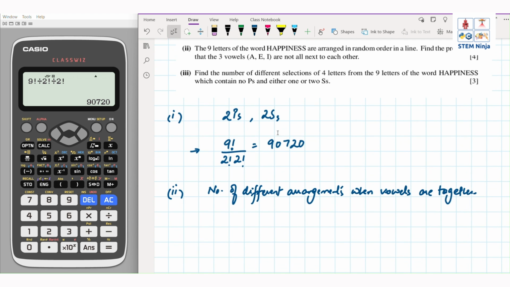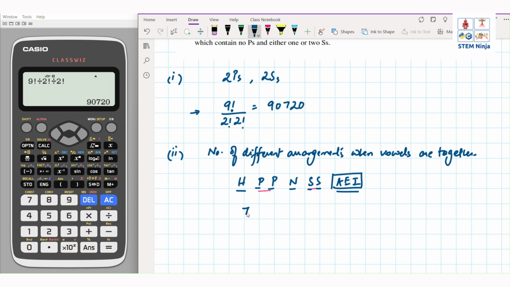So what happens is that when you take away the A, E, and I, you are left with H, P, P, that means two identical P's, N, S, and S. So we will still have the identical cases, and A, E, I are basically in their own one unit by themselves. So we have 1, 2, 3, 4, 5, 6, and then the seventh unit itself. So we still have 7 units.